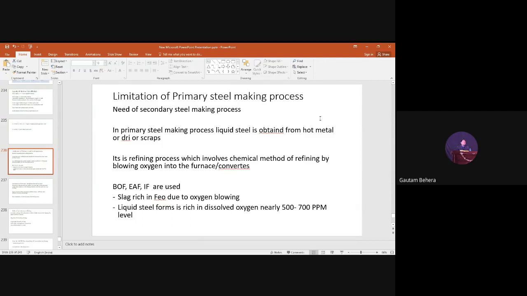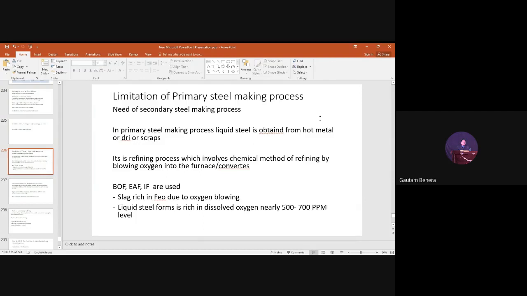These are solid products, so they need melting also. So primary steel making involves extensive melting of the solid raw materials, these scraps and DRIs or sponge iron, and it also involves refining operations. We have to remove the impurities present in these scraps, DRIs, or in the hot metal. That is the main part of the primary steel making process.